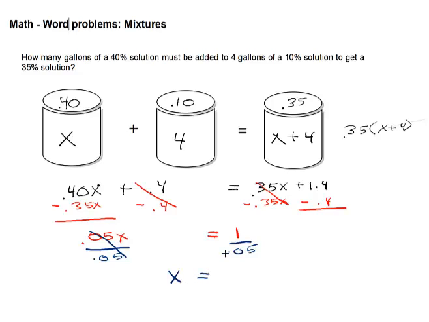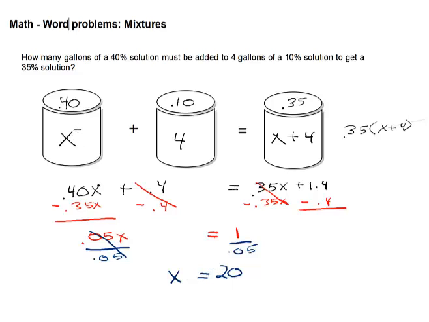And then we would take 1 and divide it by 0.05, and we would end up with 20. So x equals 20.